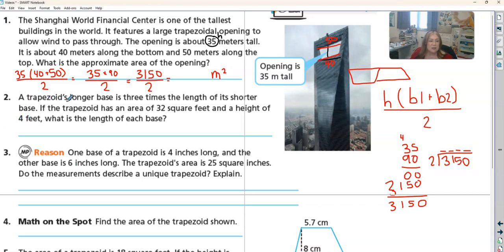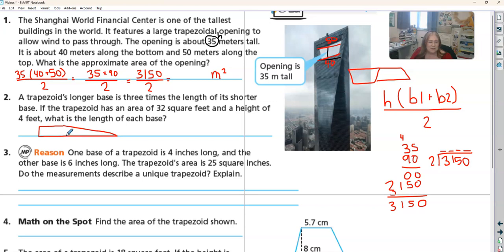Okay, number 2 says a trapezoid's longer base is 3 times the length of its shorter base. Okay, so if we have this one, 1, 2, 3, this one is 3 times shorter. So let's go, 1, 2, 3, 1, 2, 3, 1, 2, 3. So it kind of looks like that, right?